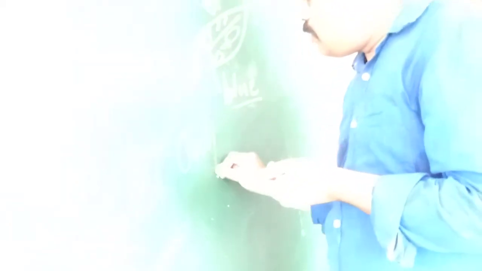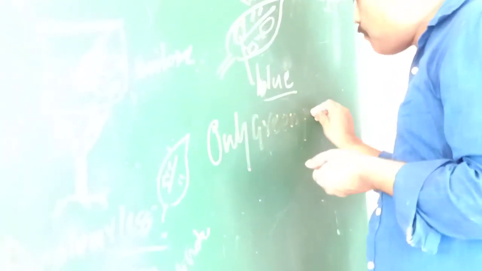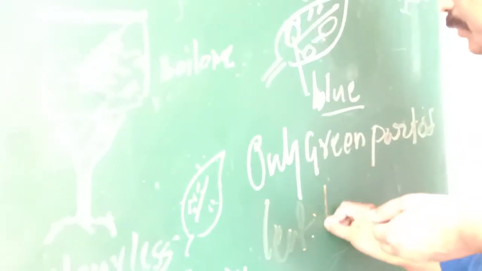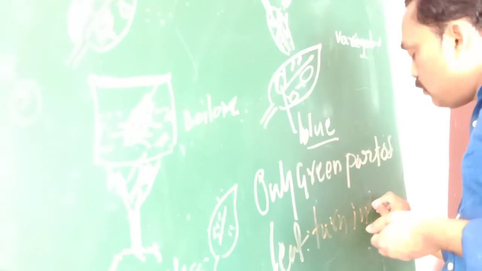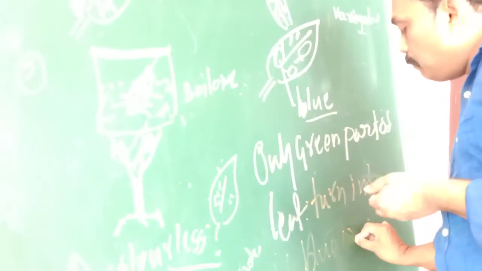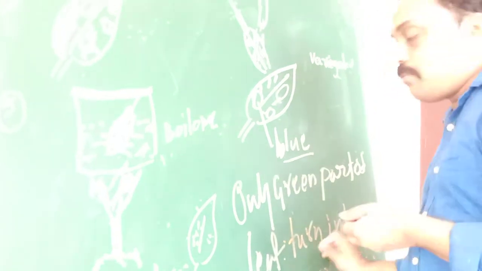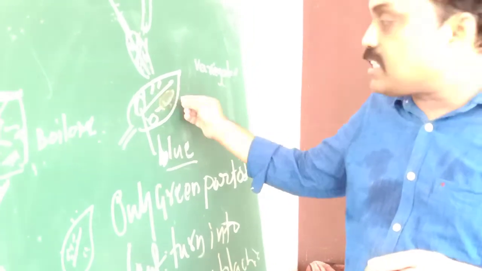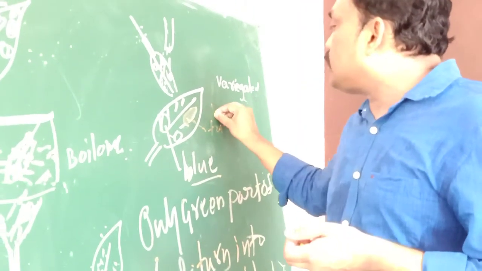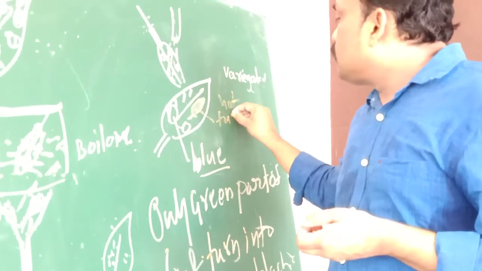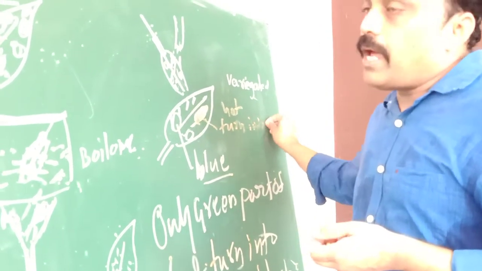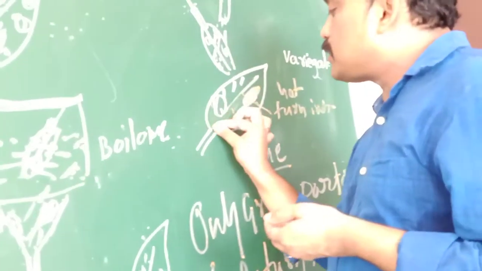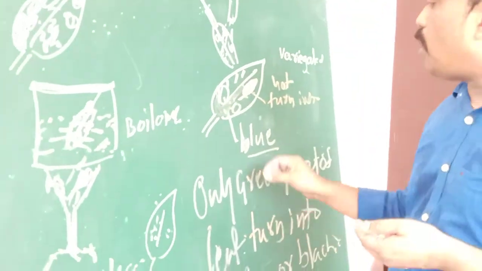Only the green part of the leaf turns blue or blackish color. The remaining parts, the yellow patches, do not turn blue or blackish. The green part totally turns blue or blackish color.